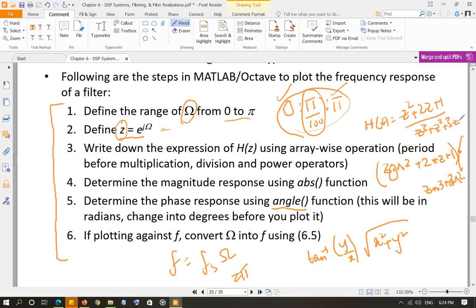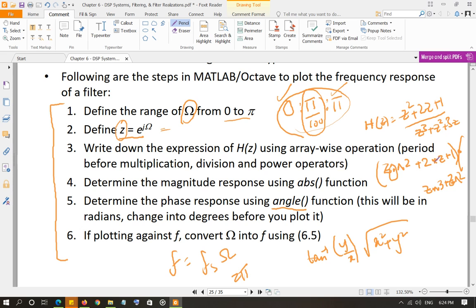Remember, for array-wise operation, you have to put a period before every power sign, every multiplication between vectors, and every division if you are dividing a vector by another vector or a constant by a vector. So if you're writing this using array-wise operation, it's going to be z period square plus 2z.